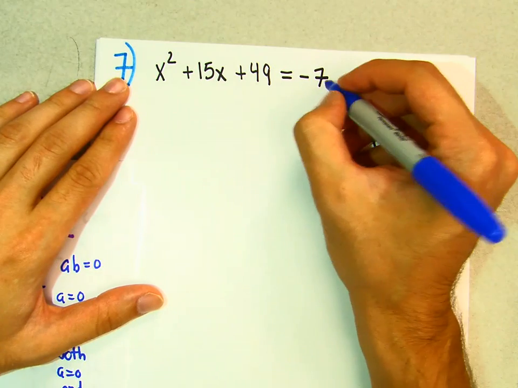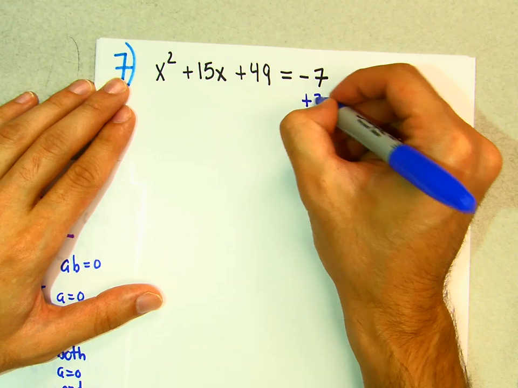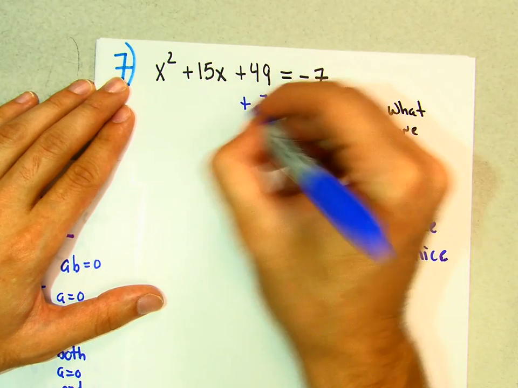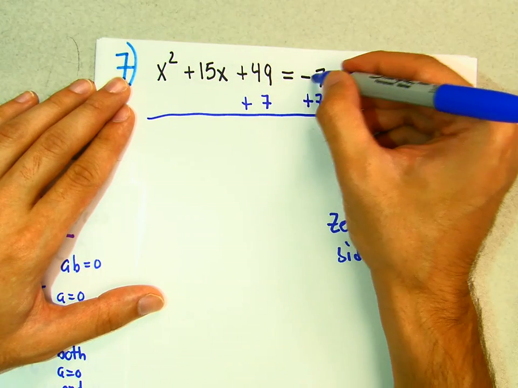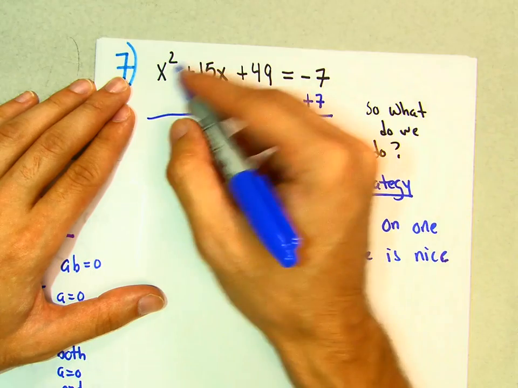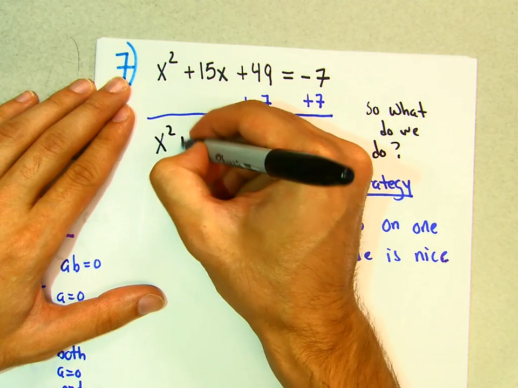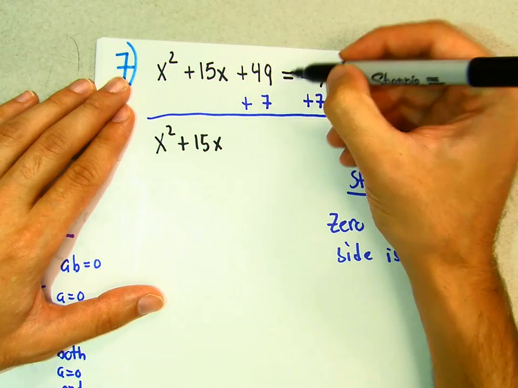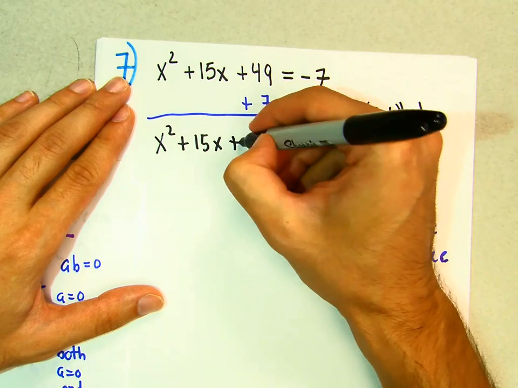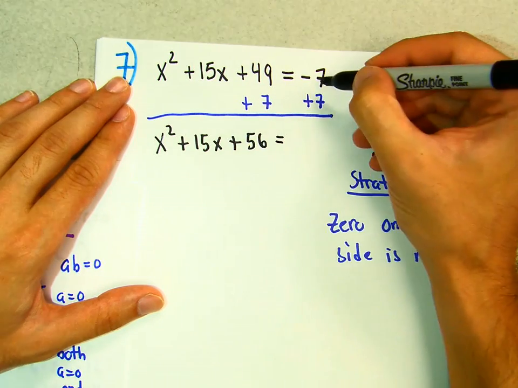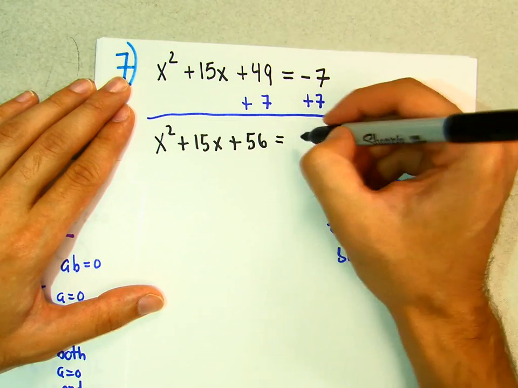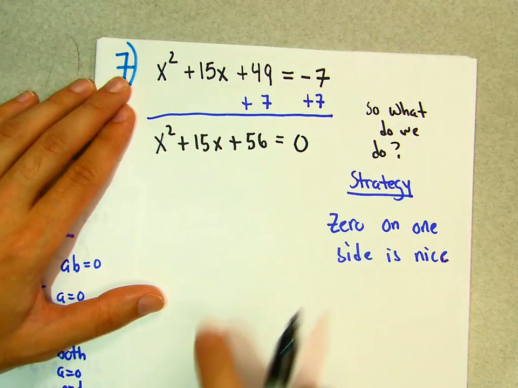Yes, you can, because if you do plus 7, what is the opposite of this negative 7? It's plus 7. Notice this becomes x squared plus 15x. What is 49 plus 7? That's 56. And what is negative 7 plus 7? That's 0.